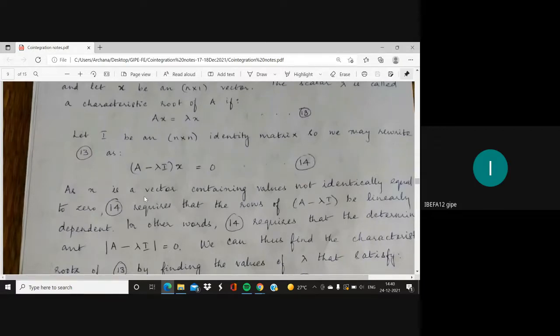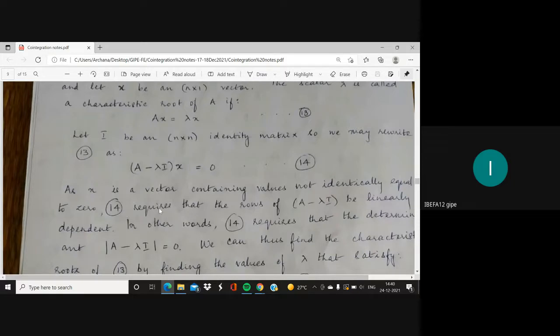So as X is a vector which contains values not identically equal to 0, there will be non-zero elements here. These will mostly be variables, but whenever you're using data and doing empirical work, of course, those variables will have some values. Okay, so that's why it's saying that these values will not be identically equal to 0.